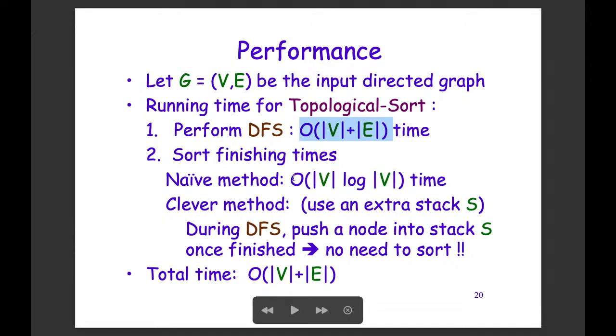And then we don't need to do sorting, so this part is not needed. And then we just need another linear time because each vertex is put onto the stack once and popped out once. So there's order V time for pushing and popping the vertices from the stack. So this clever method can process the second step in order V time. So in total, it is order V plus E. Okay, so that's all for the topological sort.